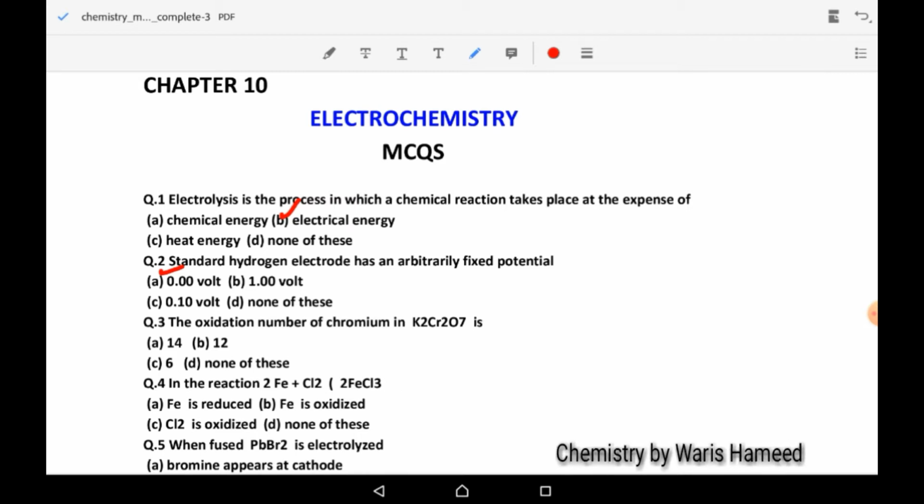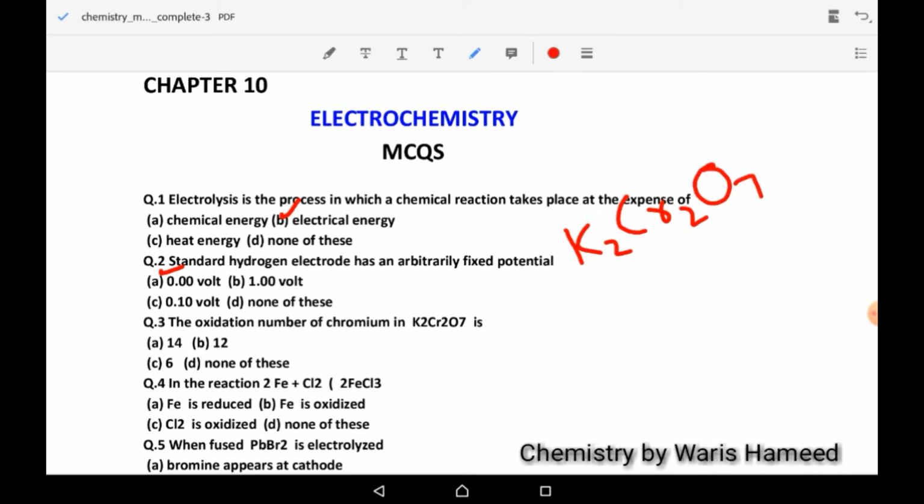The oxidation number of chromium in potassium dichromate, we can calculate by the following method. K2Cr2O7. In this, potassium has oxidation state +1 and oxygen has oxidation state -2.